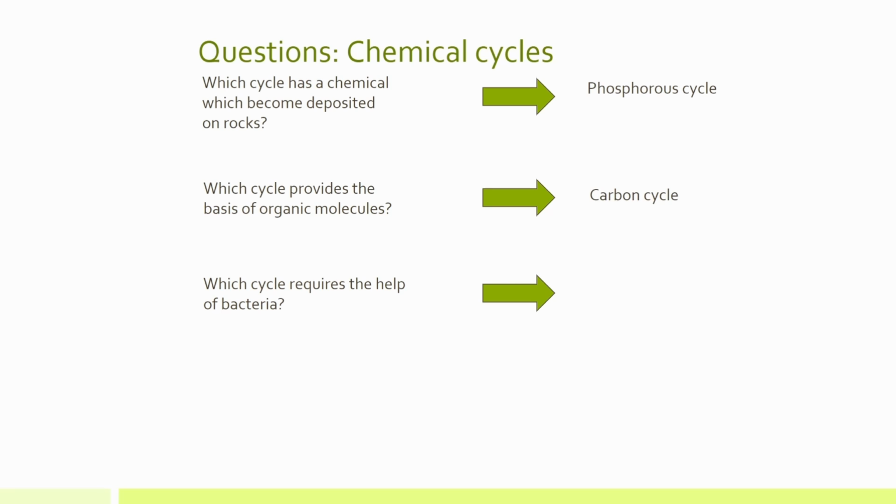So organic molecules arise during the process of photosynthesis when inorganic carbon dioxide gets turned into organic glucose, which is C6H12O6. What about which cycle requires the help of bacteria? That would be the nitrogen cycle, with our nitrogen-fixing bacteria like rhizobia that form a symbiotic relationship at the roots of a lot of plants.